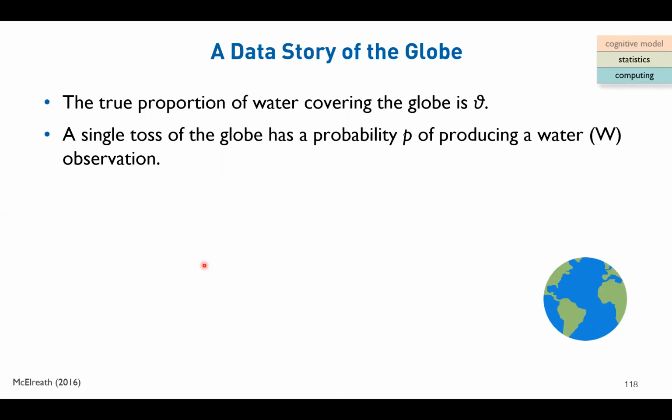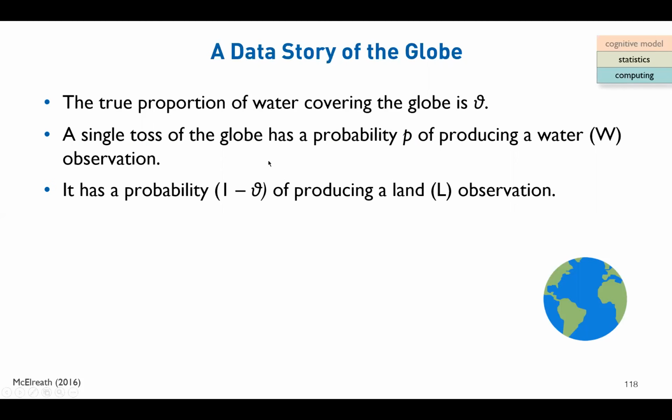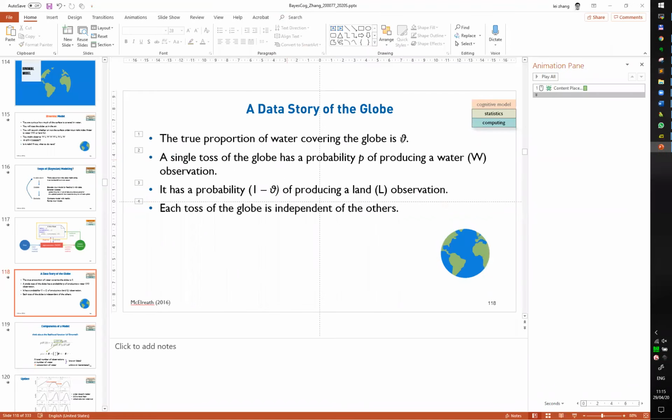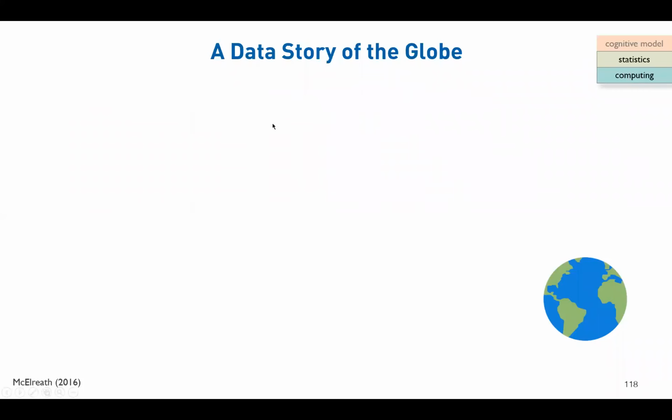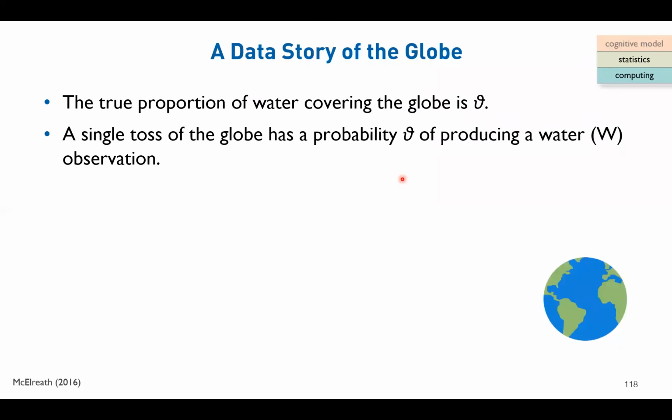And we can also assume that each toss of the globe has a probability theta of producing water.